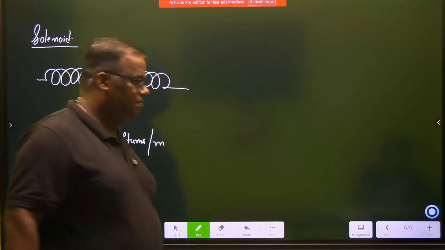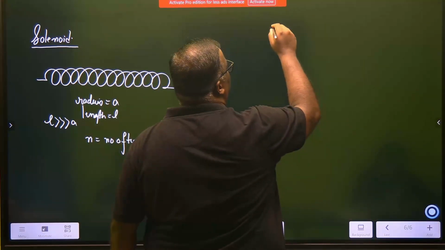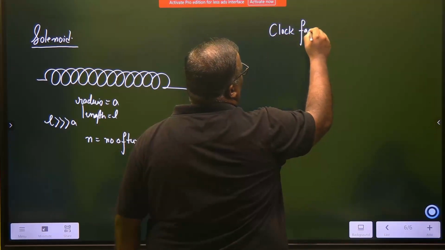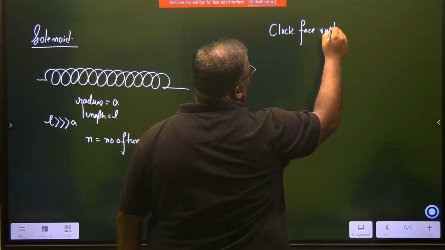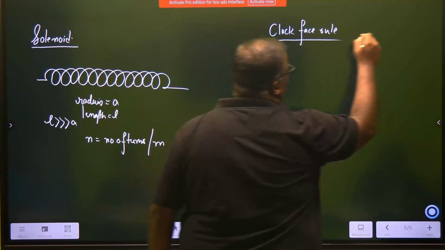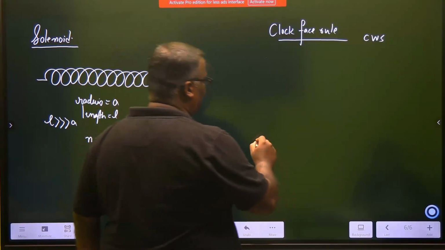So if you see, you remember the clock face rule. Let's go to grade 10. The clock face rule, we used to say it as CWS, as you see from your side.